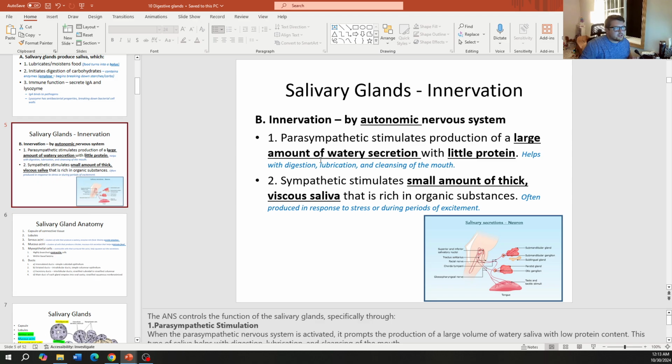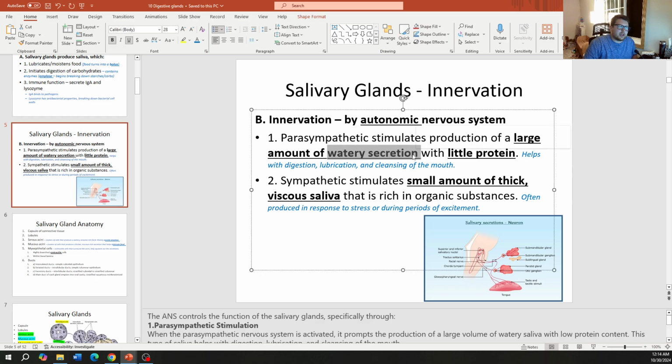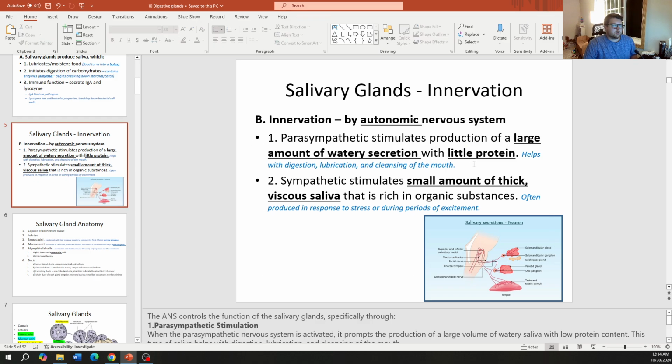With the parasympathetic nervous system, it produces a large amount of watery saliva that has very little protein in it. This is like when you smell a familiar food, or you smell dinner being prepared, and your mouth starts to water and a lot of saliva comes out. That is our parasympathetic nervous system activating.